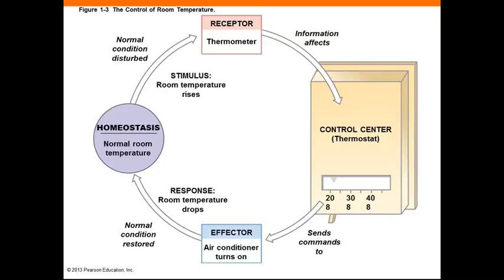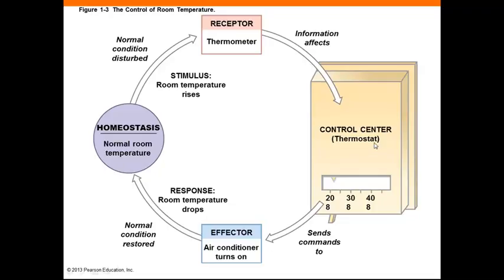And so what we have pictured here is one of those control loops. Notice how homeostasis, the desired effect, is right here. So they're giving the example of temperature control as a means of homeostasis. So let's say that the normal condition is disturbed and your room temperature rises. In your house you have a thermometer, and this acts as your receptor, and it collects information, and that information will then affect the control center, which is the thermostat.